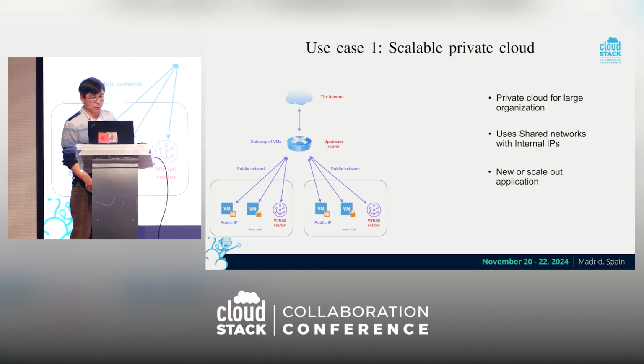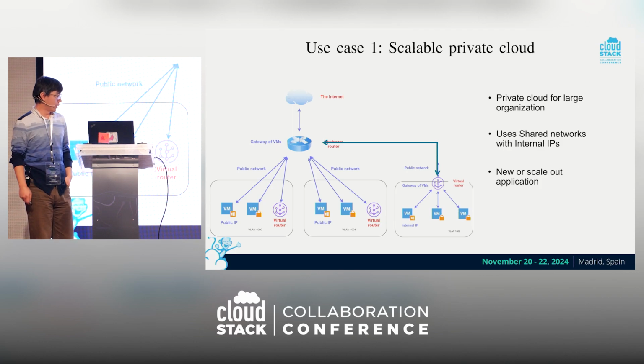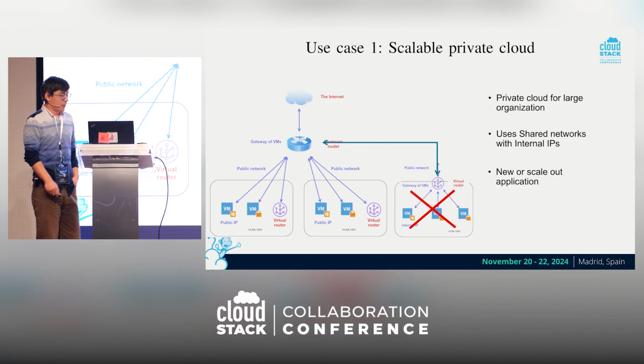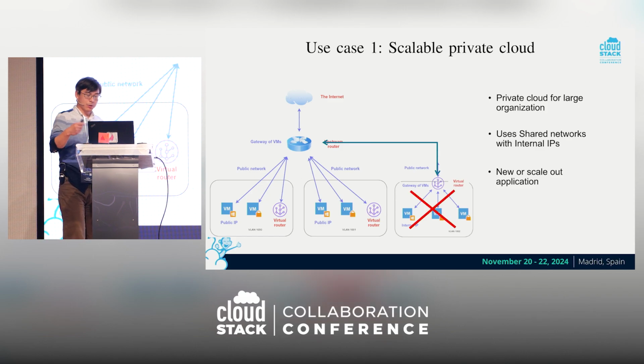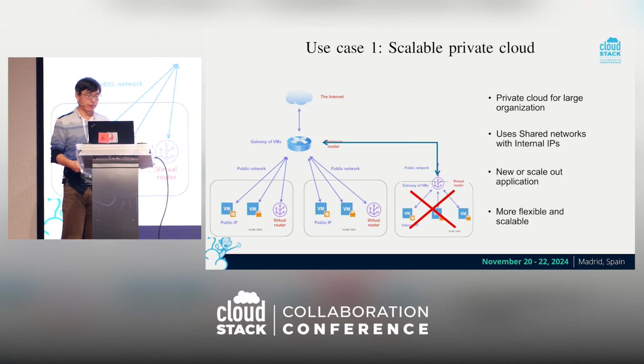When a user creates a new application or wants to scale out an application with a new network, they just need to create a routed network, and the new VMs in the network can connect to all the VMs in the existing networks, because the VM IPs are accessible. And if the application is not used anymore, you can just remove it.